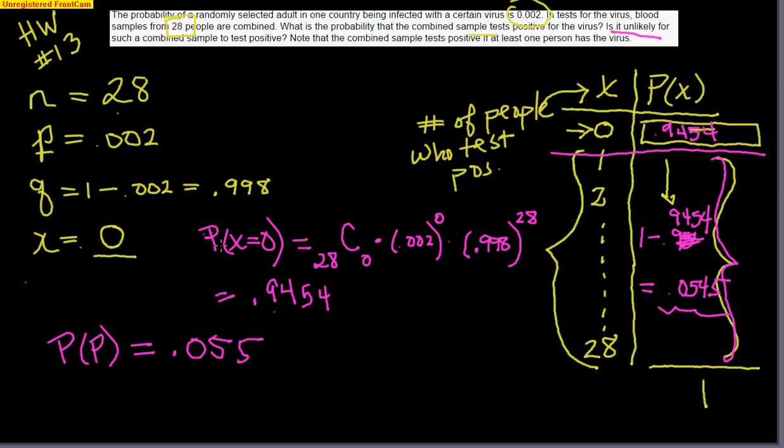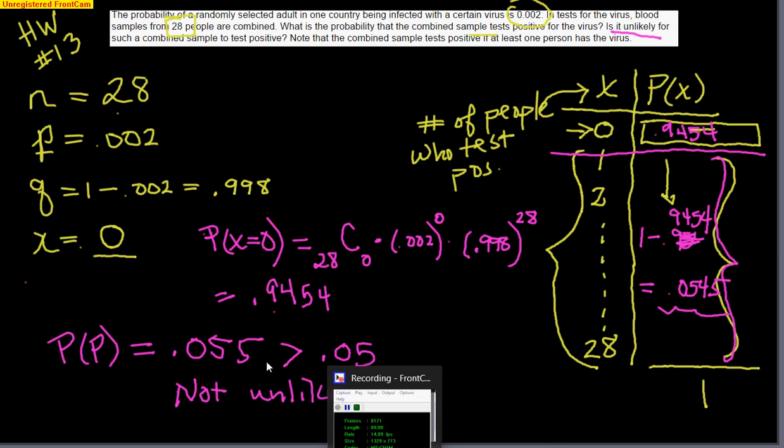Well, we have our 5% rule, which is that line where things become unlikely, and this is actually slightly greater than 0.05. So while it's close to being unlikely, it would not fall into the category. So we would have to say this is actually not an unlikely event, that the sample could be positive. So give it a try.